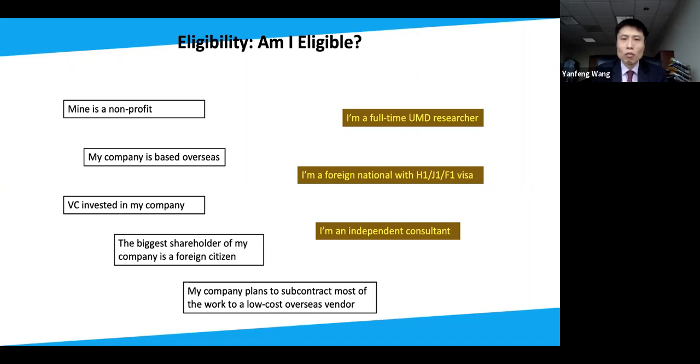In that case, foreign nationals may not be able to participate in those kinds of programs. And as a company, for any employee, team member, or subcontractor you include, you need to clearly disclose the nationality background to the agency, especially if the technology is sensitive. If you happen to be an independent consultant, you will be eligible to serve as a subcontractor and participate.